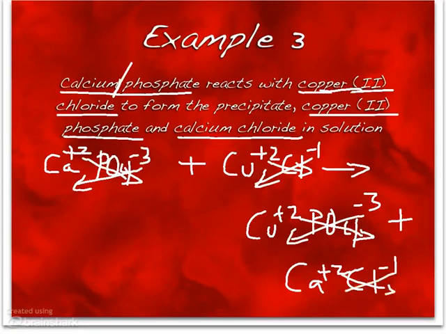If you were to write this out, you have Ca over here, so it would end up being Ca3(PO4)2, like that.